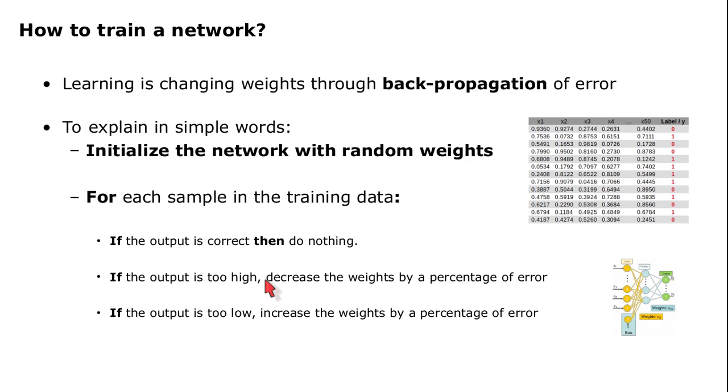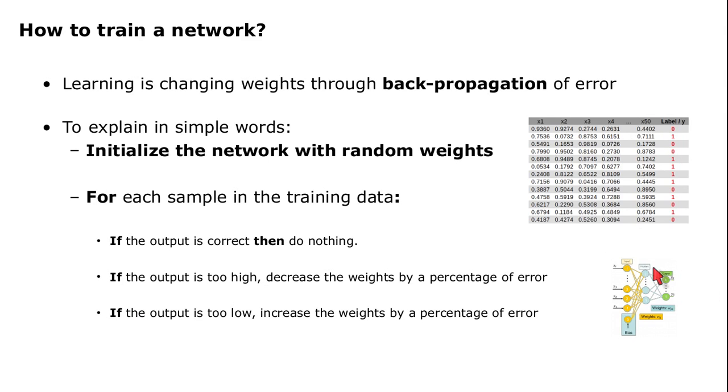But if the output is too high, that means instead of being 0, let's say the output was 0.8, then you decrease the weights by a certain percentage of the error that is obtained at the output layer. For a different sample, it may so happen that the output is too low. For example, let's say sample number 2 has been input to the network. For sample number 2, the expected true value is 1.